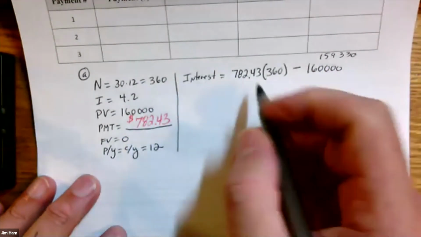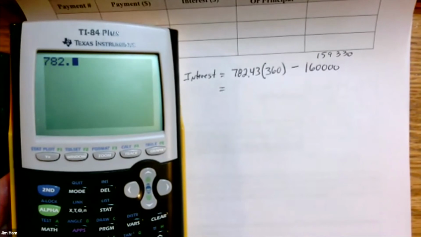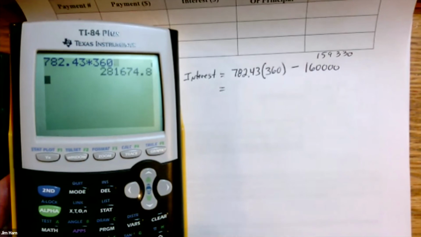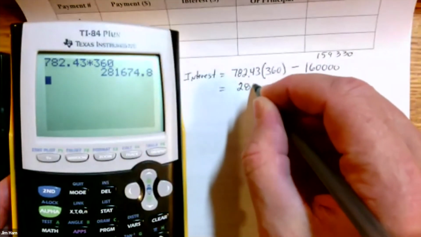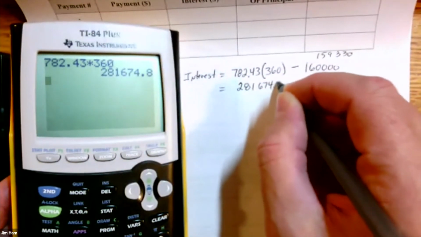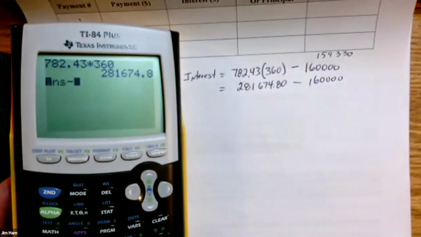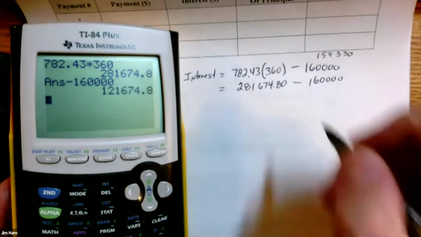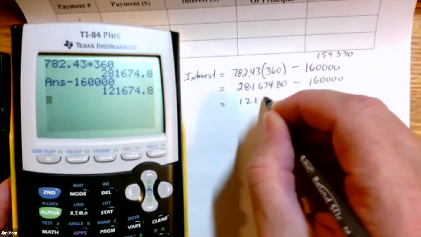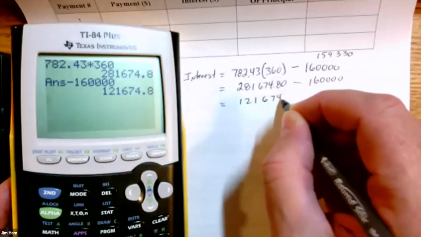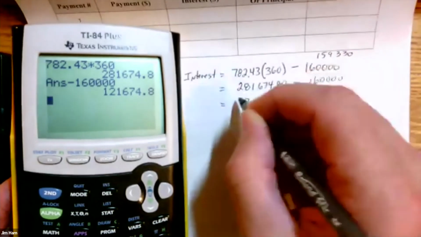Everything else is interest. 782.43 times 360. I'm going to write this number down, 281,674.80. And then we have to subtract the 160,000. And we get 121,674.80.